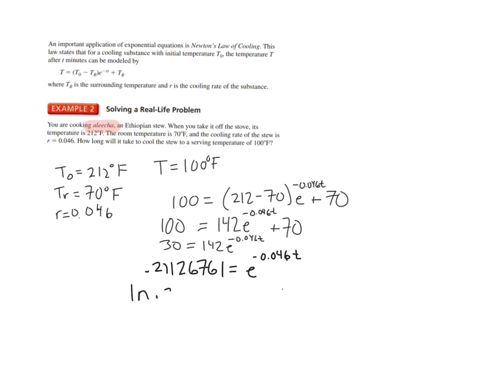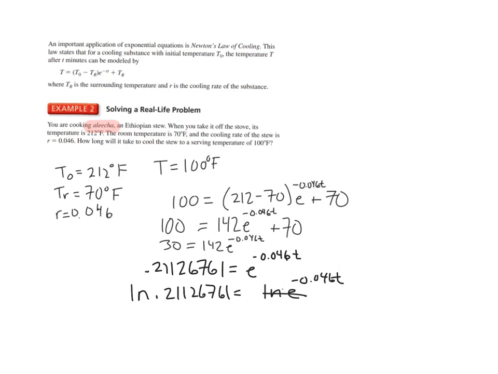So we have ln of 0.211267661. And then the ln of e to the negative 0.046 t, okay? So these will simplify out, right? And we can actually do the ln of that really long number on the left-hand side.